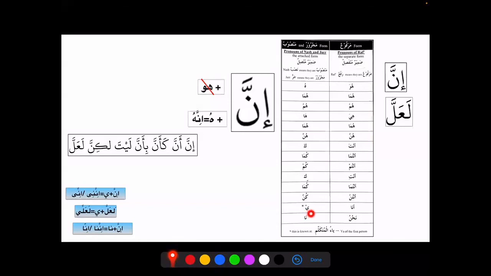Now when we come to ana, the problem is that there is ya. So it will become inna. And when we attach ya or ni with it, because basically you know that this is for jar, and this ni, we said that it can be attached with the fail, and this basically gives nasab status, right?